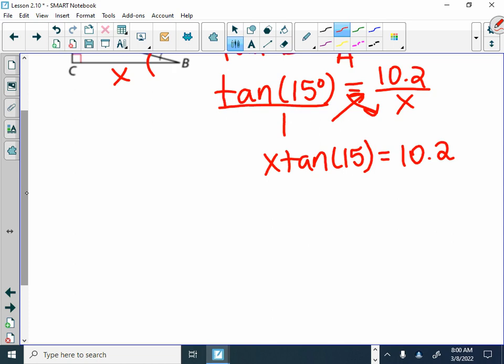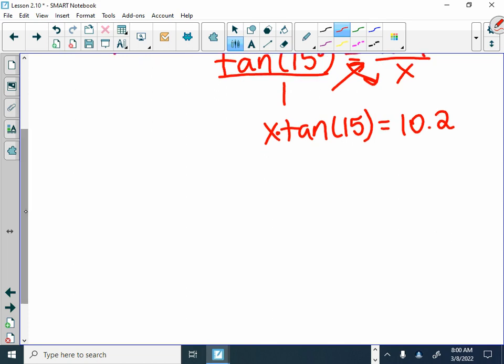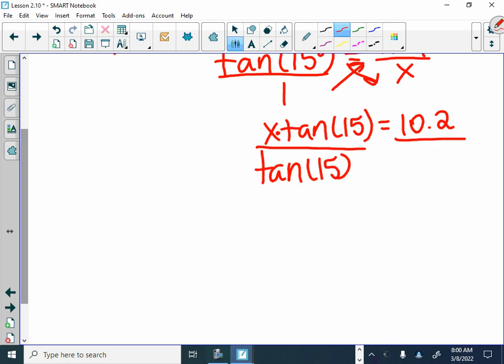So the operation happening here between X and tangent of 15 is multiplication. How do I get X all by itself? Divide by tan of 15. Good. So that's what you're going to put in your calculator. I'm dividing both sides by tangent of 15. So in your calculator, 10.2 divided by tangent of 15 is going to give you X.